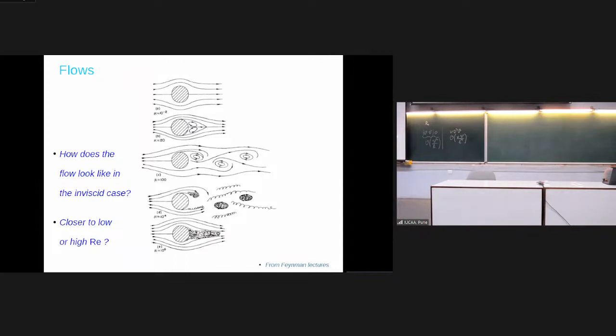So I take a flow past a cylinder at very low Reynolds number. Flow is symmetric, reversible. At nearly zero Reynolds number, this side and this side are essentially symmetric points. There are stagnation points here. As you increase the Reynolds number, you see the development of eddies, at higher and higher Reynolds number.